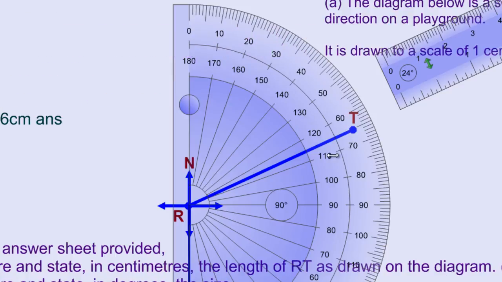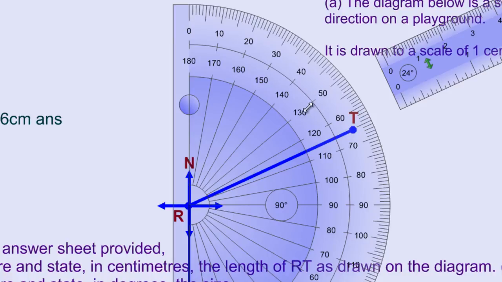Now, my friends, if you notice, the 0 line here is on the north line, so now I can read my bearing. You have 2 readings, a reading on the inside and a reading on the outside. The 0 on the respective scale that's sitting on the reference line tells you which to use. For example, here the 0 on the outside is sitting on the reference line, so I have to use the outside reading.